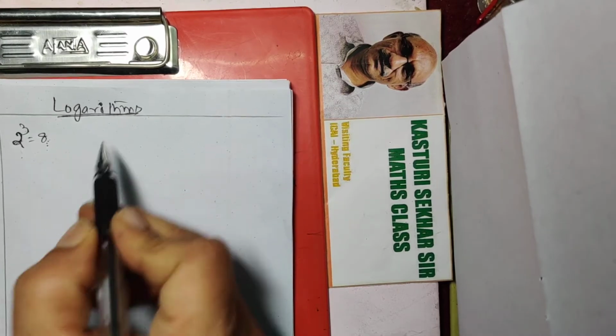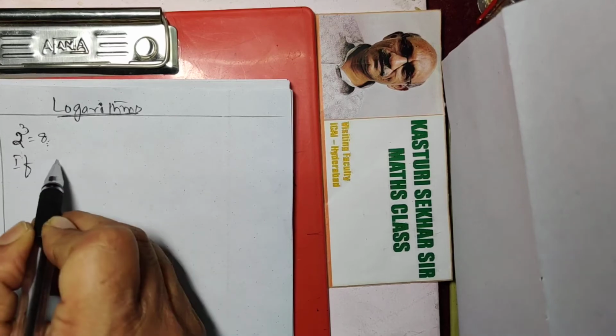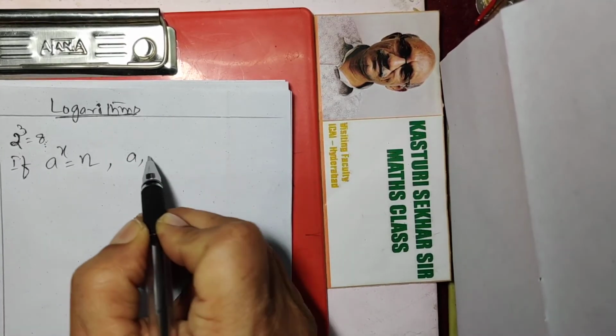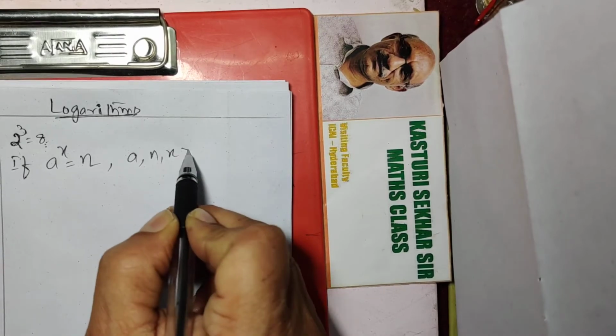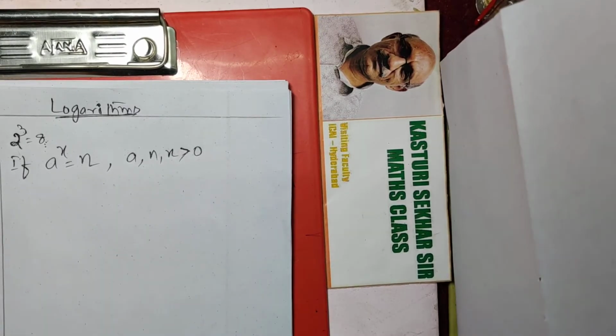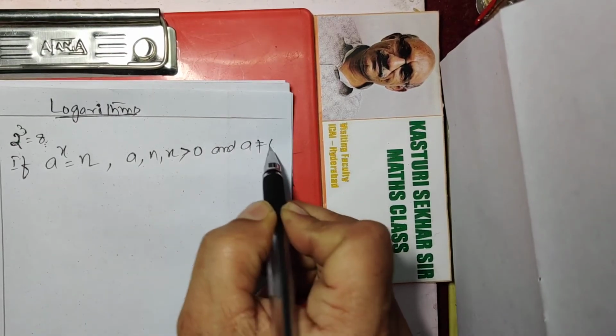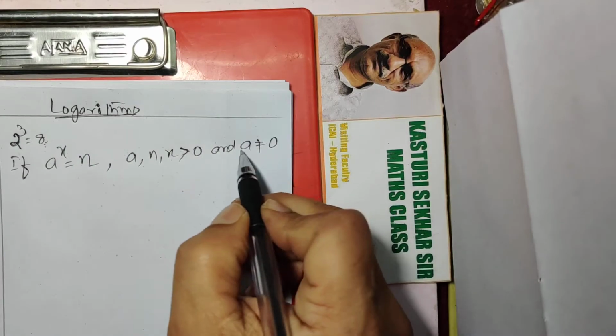Now let us see the generalized definition. If a power x is equal to n, where a, n, x are greater than 0, meaning they are all positive numbers, and a is not equal to 1. Why is a not equal to 1?